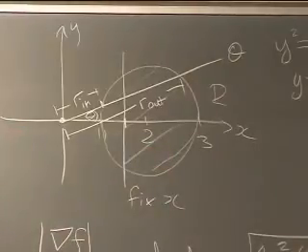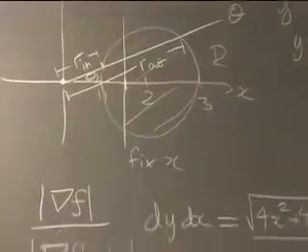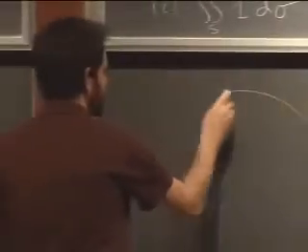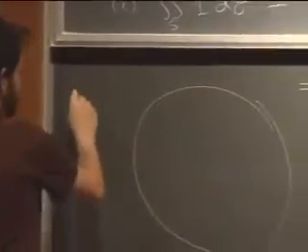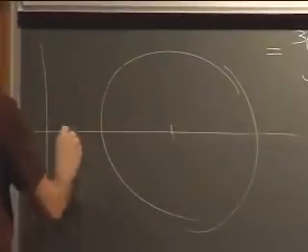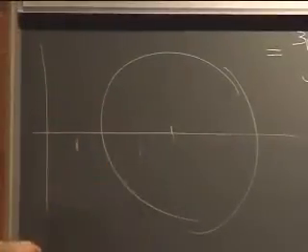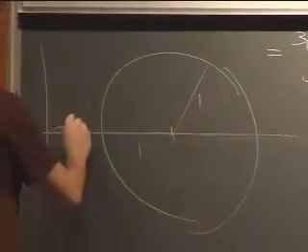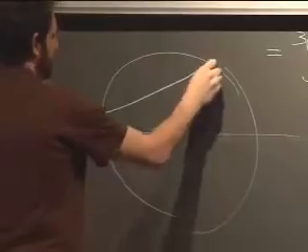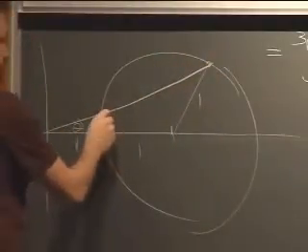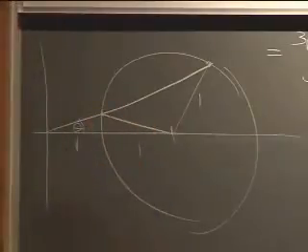Now, unfortunately, in this case, the geometry is pretty nasty. So I'll need a different picture to work out what's going on. Okay, so this length is 1, this length is 1, the radius is 1. This angle here is theta, and I'm going to draw that triangle so that this is 1.